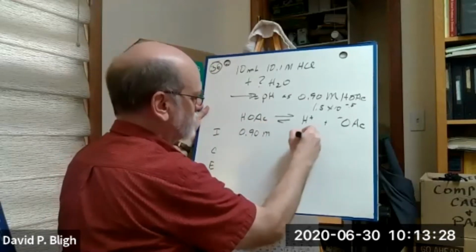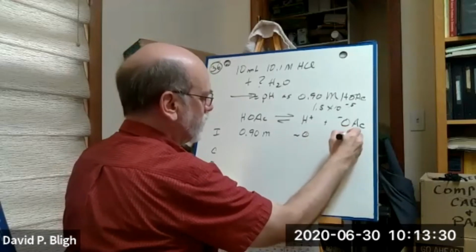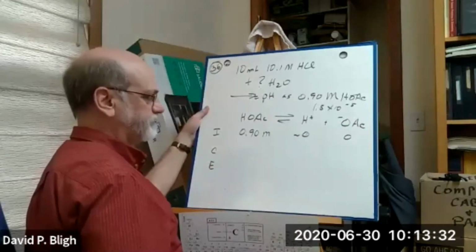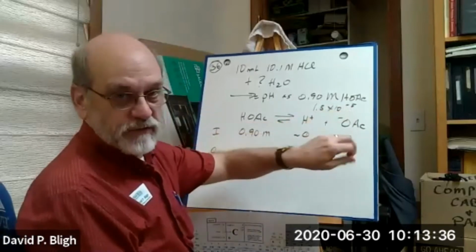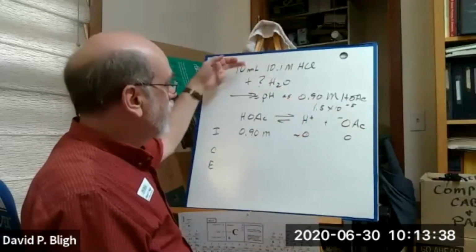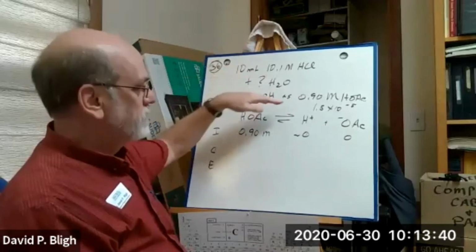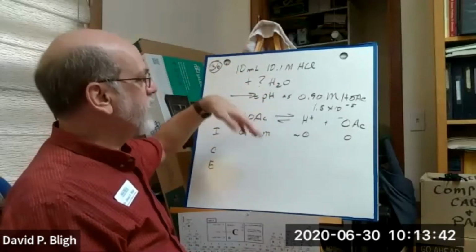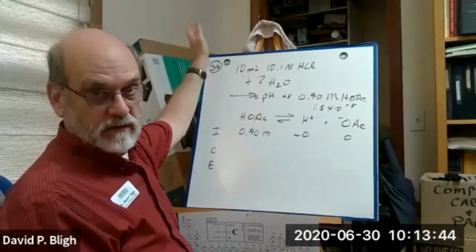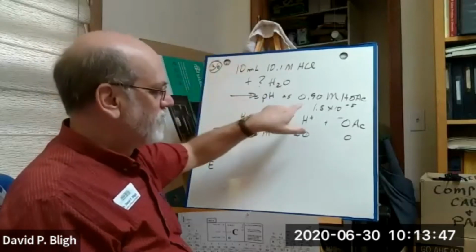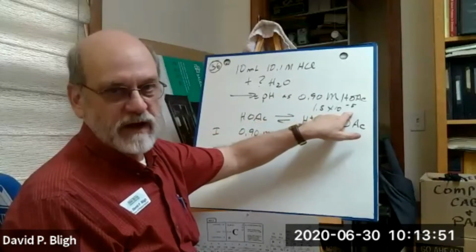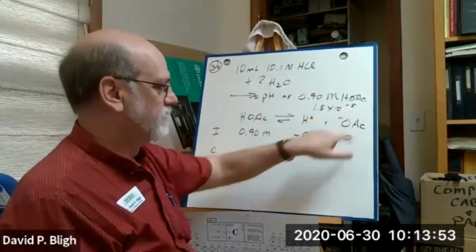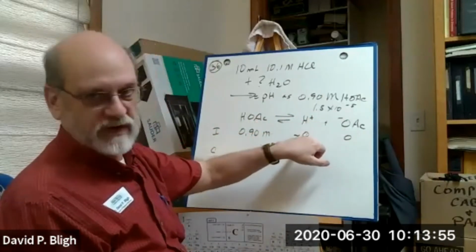And we have approximately 0 there and definitely 0 there. Remember, these are not in the same solution. It's this one and then saying, what do you have to do to make this one? Right, so two different solutions. But the only competing reaction in here is water. And with 10 to the minus 14th, there's no competition. So that's why we can say this is virtually zero.